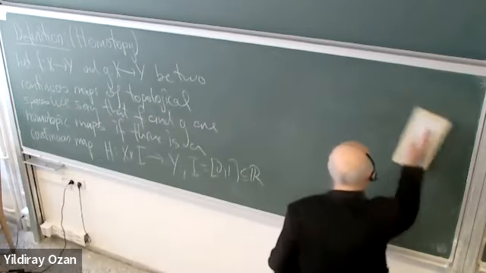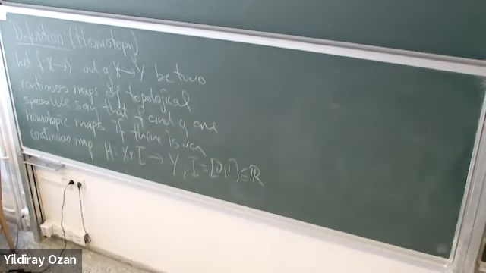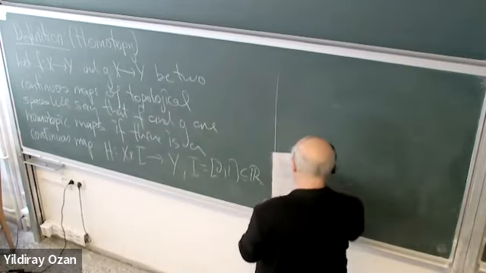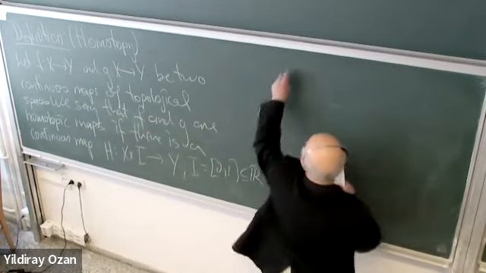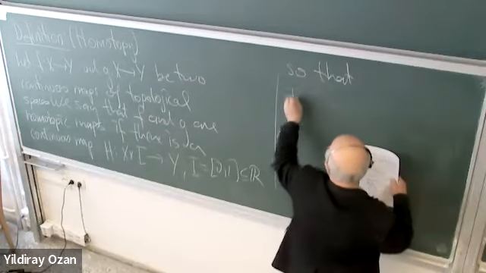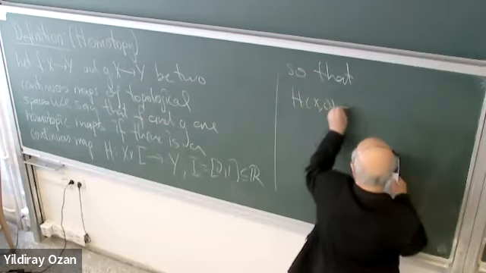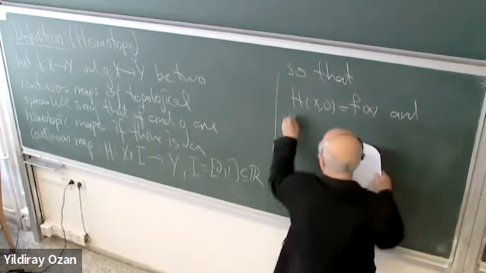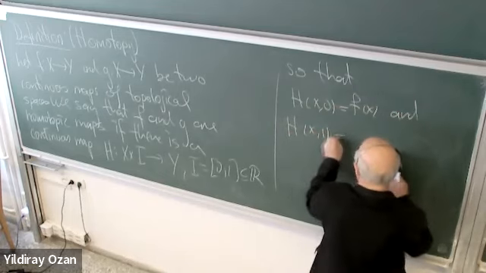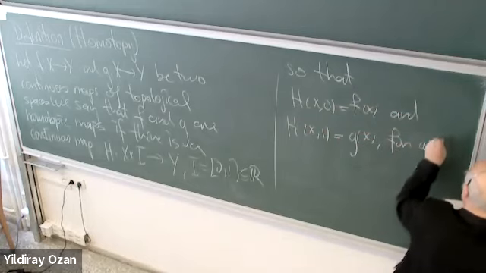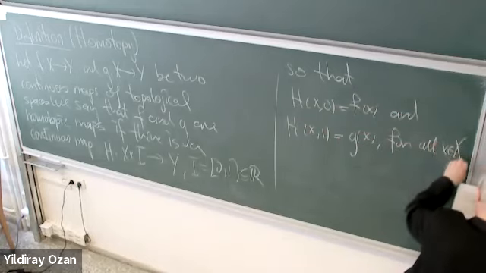And we ask that this H satisfies the following: H(x,0) is equal to f(x), and H(x,1) is g(x), for all x in X.